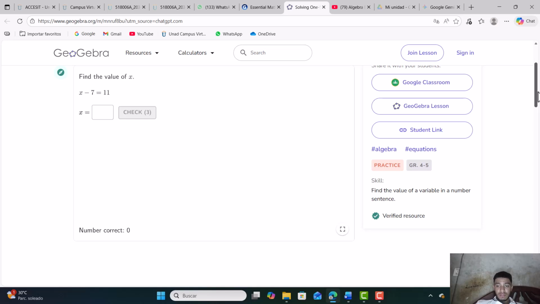This is the GeoGebra challenge, and find the value of x.